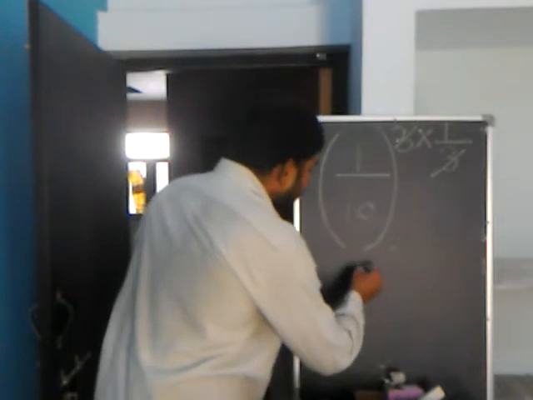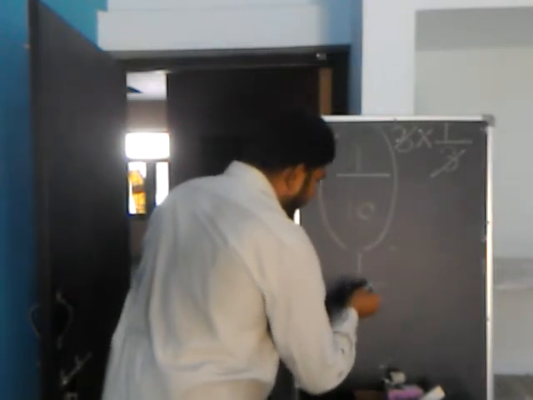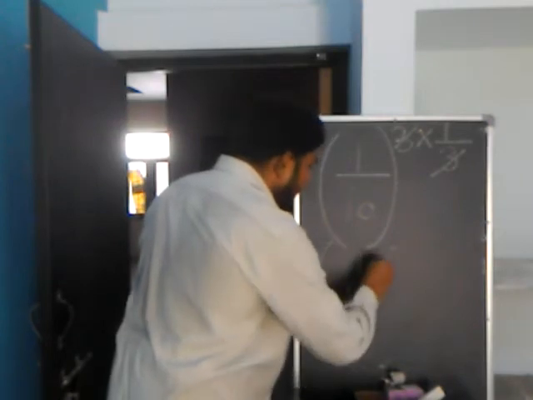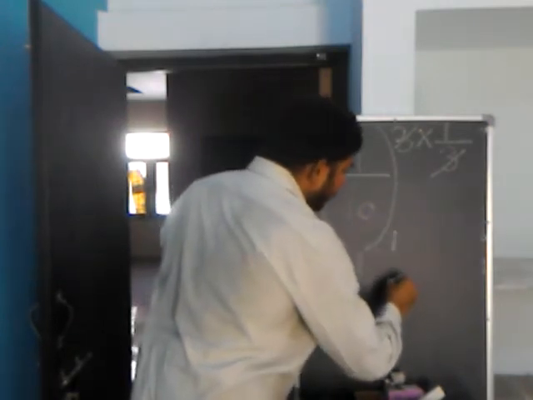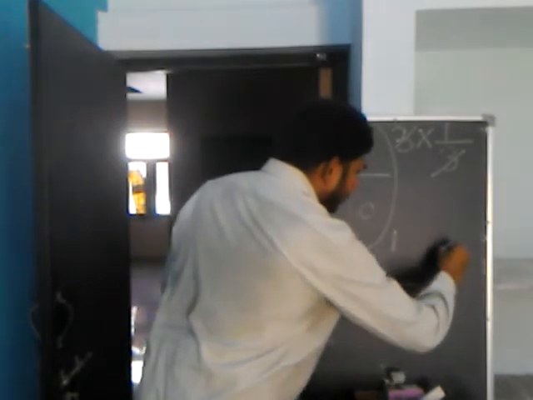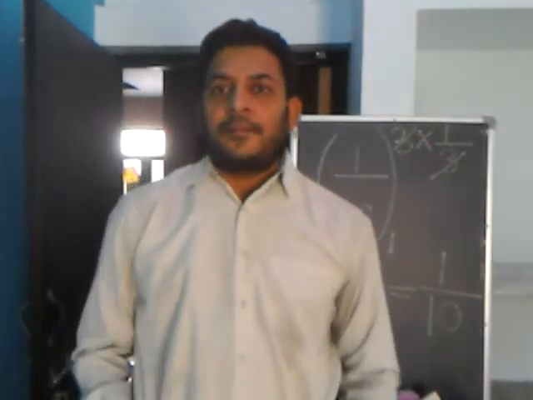It becomes 1 upon 10 whole raised to the power 1, and we know that when power is 1, then the number is written simply. So this is the answer, 1 by 10.